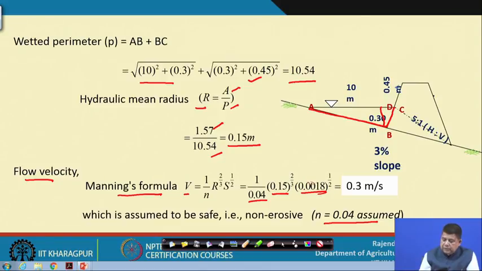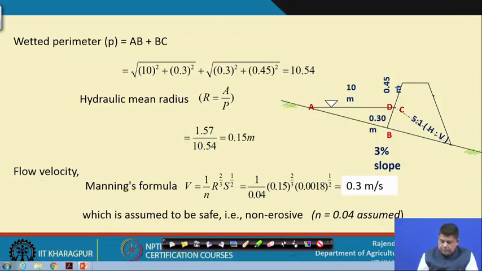So, in percent we are writing here 0.018%, and then we are calculating the value of velocity, which is 0.3 meter per second. And you remember, non-erosive velocity means it should be less than 0.5 for sand and 0.65 in any case. So, this velocity is non-erosive.